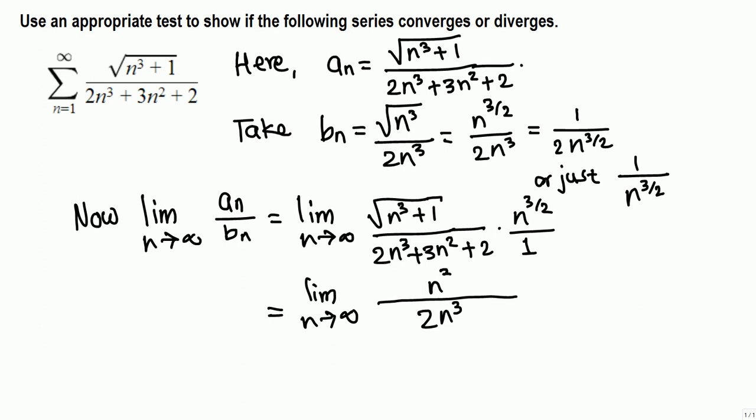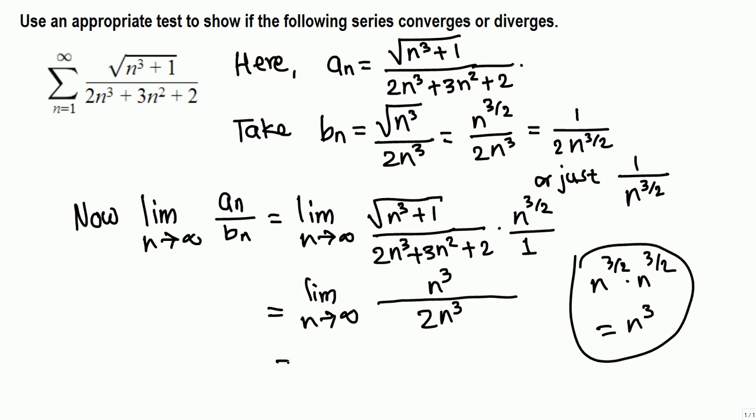You add the exponents: 3 halves plus 3 halves is 6 halves, which is 3. And this limit is n cubed cancels, 1 half, which is positive and finite.